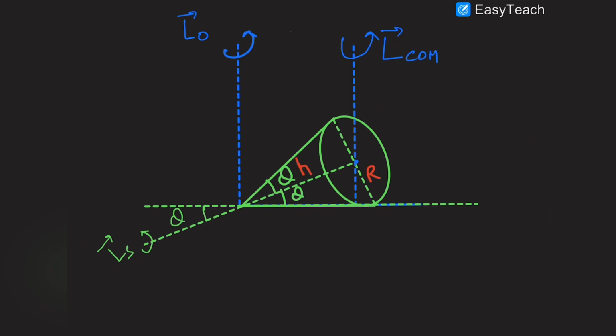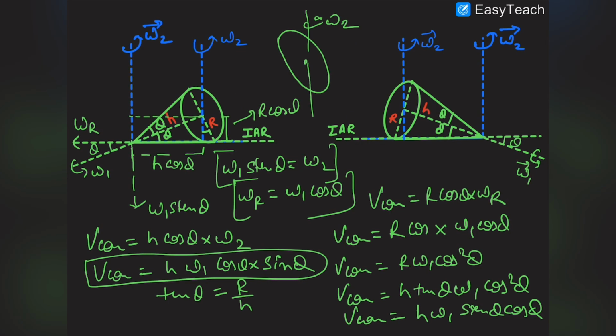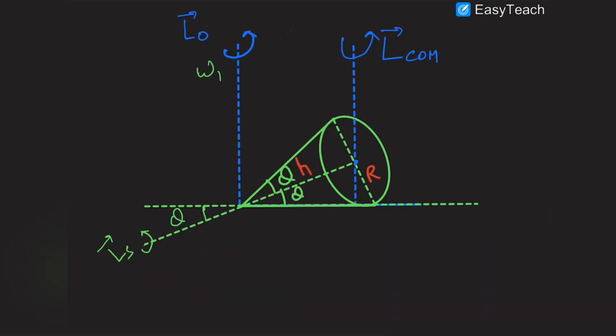Now when this cone is leaning on the floor like that, this is the orbital axis, this is the COM axis, and this is another COM axis along which the cone is spinning. We have assumed that this velocity is omega 1, and this is omega 2.